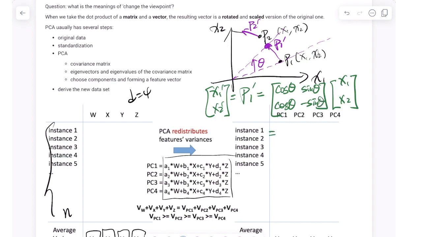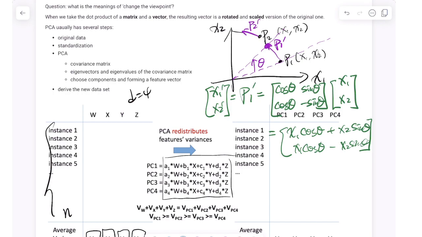So that would be x1 cosine theta plus x2 sine theta, and x1 cosine theta minus x2 sine theta.